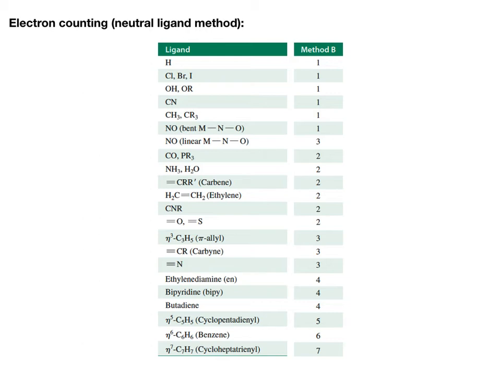Going down, there's a nitrogen atom, and on the very bottom, there's butadiene, cyclopentadienyl, benzene, and cycloheptatrienyl. Okay. So for those ligands, you should know their correct number of contribution to the 18 electron rule.